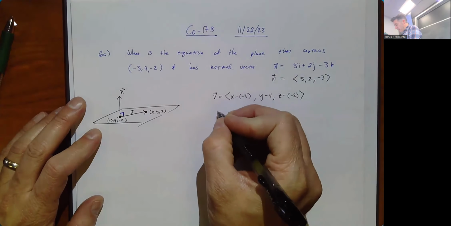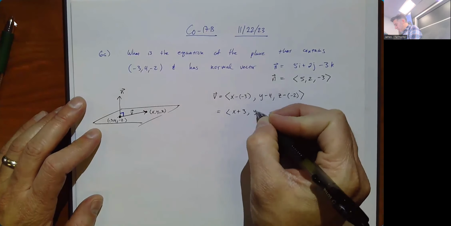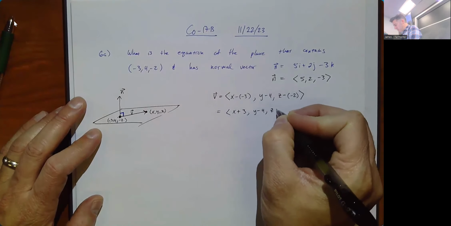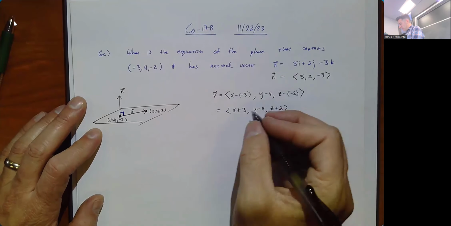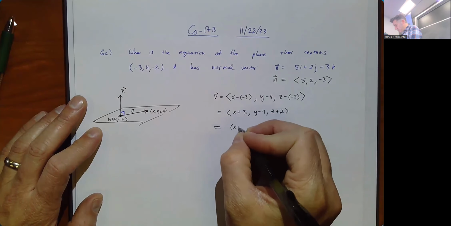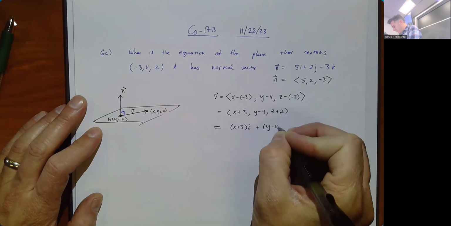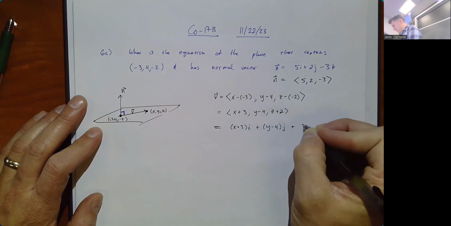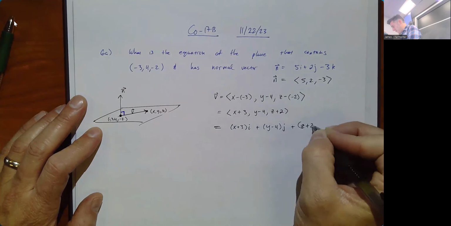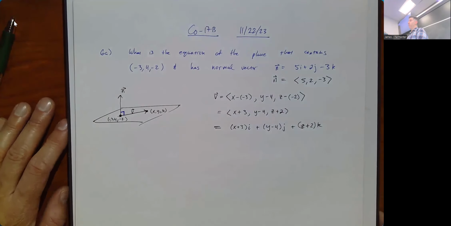So I would write this as either x plus 3, comma y minus 4, comma z plus 2. Or if you're an IJK kind of person, you could also write this as x plus 3 i plus y minus 4 j plus z plus 2 k. Either way is totally acceptable. It just is really what you prefer.